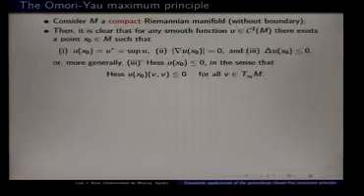Then it's clear that for any smooth function on M, there exists a point where the function attains its maximum, and in particular, at that point x0, where u is the maximum of the function, the gradient vanishes, and the Laplacian is non-positive. Or more generally, the Hessian of the function at the point x0 is non-positive semi-definite in the sense of bilinear forms.